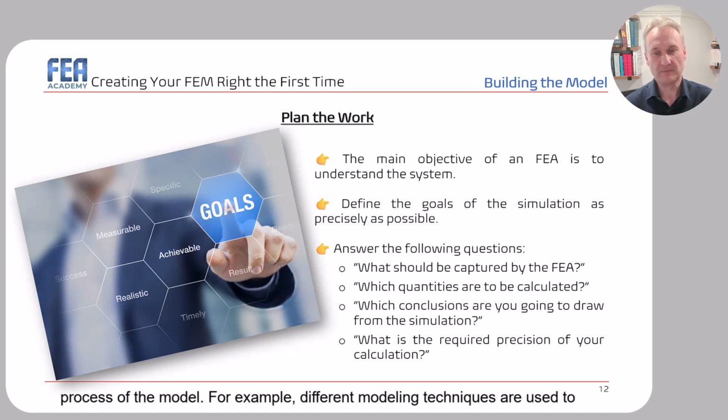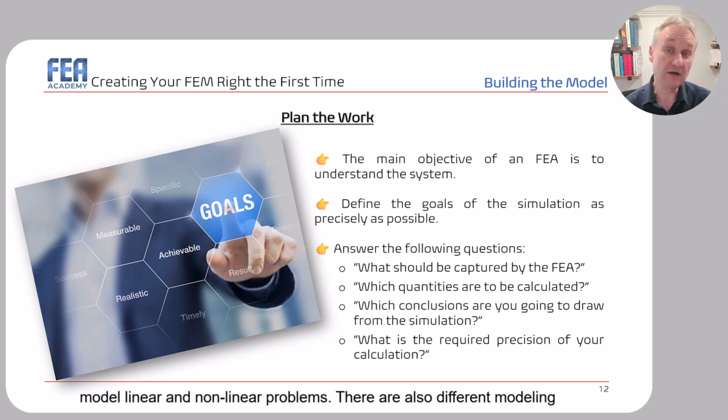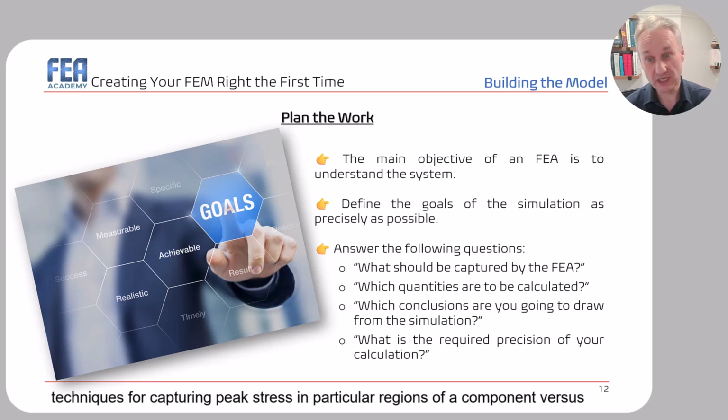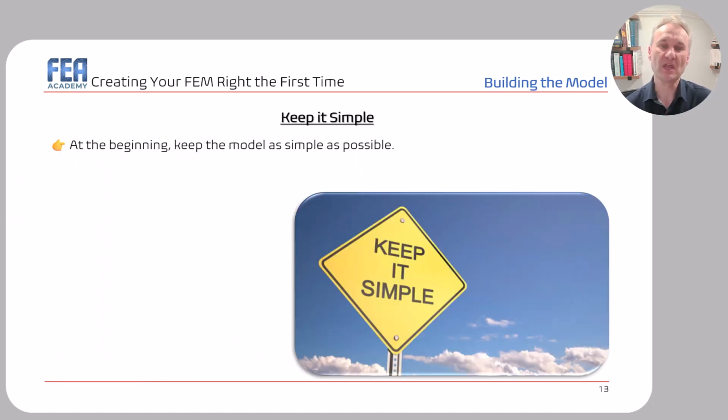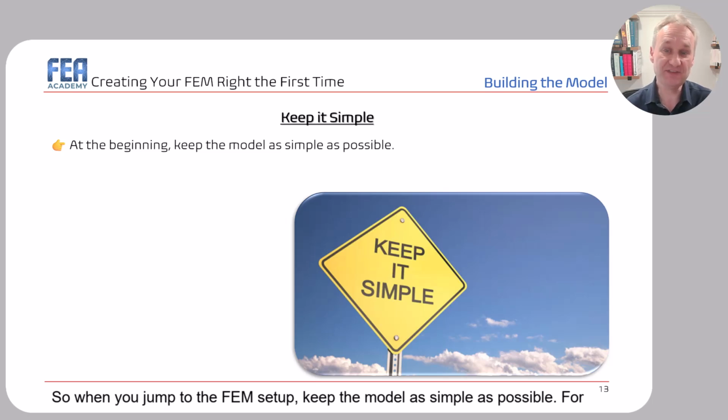For example, different modeling techniques are used to model linear and nonlinear problems. There are also different modeling techniques for capturing peak stress in particular regions of a component versus the stiffness of the whole component. So when you jump to the FEM setup, keep the model as simple as possible.